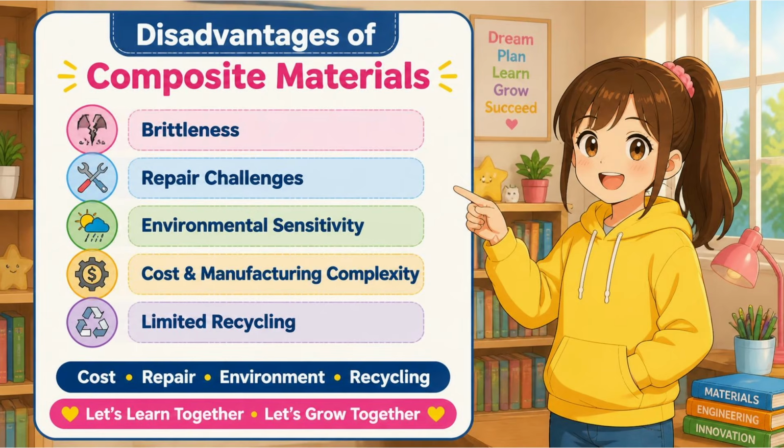Major disadvantages are anisotropy, recycling challenges, difficulty in repair, manufacturing complexity, and higher cost in the manufacturing process. So the next time you hear the word composite, don't just think of carbon fiber, think of the basic principle: different materials working together to give a material designed for a specific purpose. That's the beauty of composite materials.